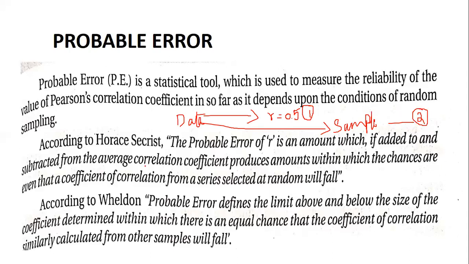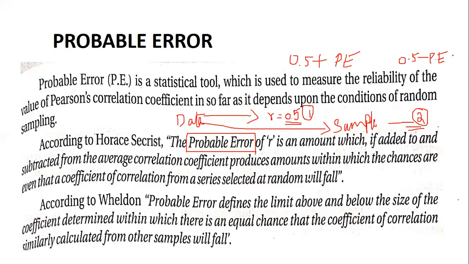Now, what this probable error is trying to say is that the difference between this r and the value of r that I find here will have a little variation. That variation I can represent using the concept of probable error. So probable error is something like a value which I can add to this r value of 0.5, so 0.5 plus probable error, or 0.5 minus probable error.